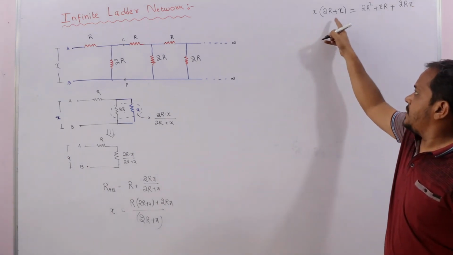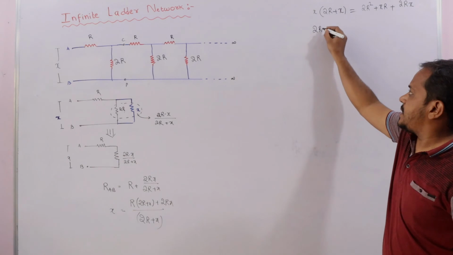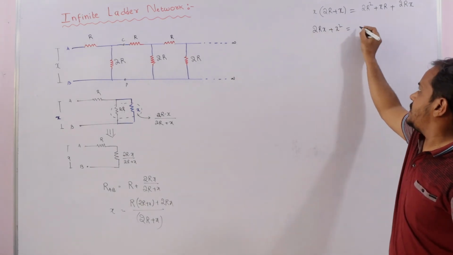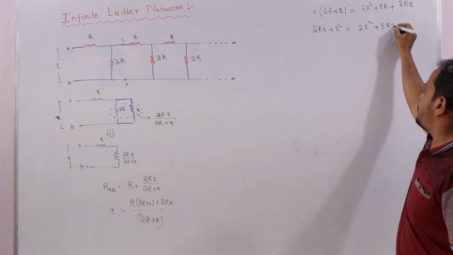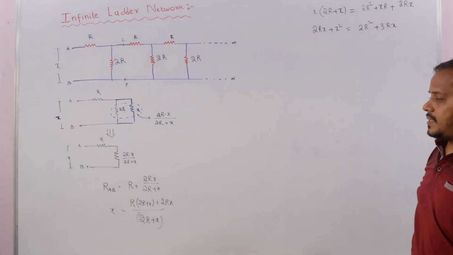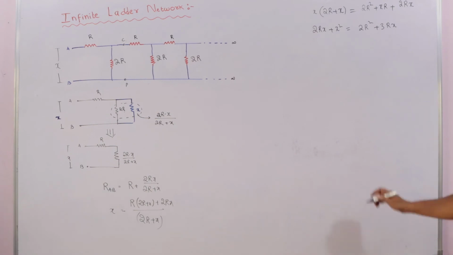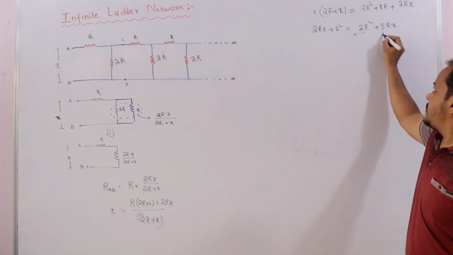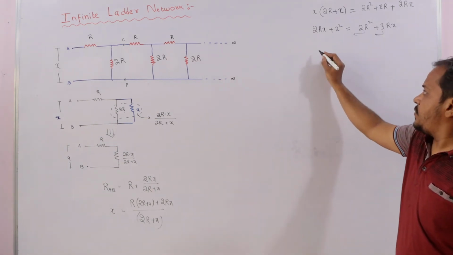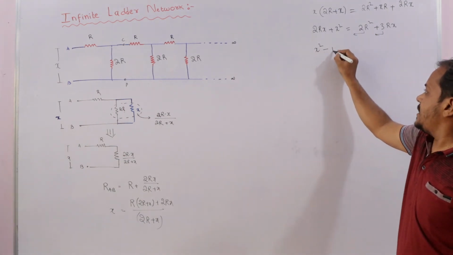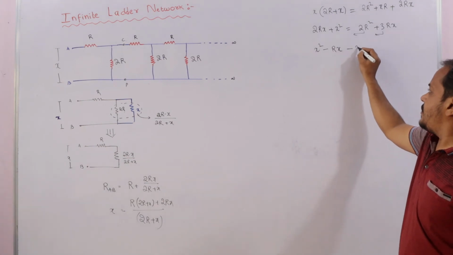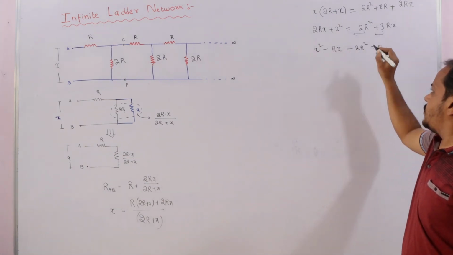Now X is multiplied with these two terms, so 2RX plus X square is equal to 2R square plus 3RX. 2RX plus XR is equal to 3RX. Now these two terms are sent to the LHS, so the final equation becomes X square minus RX minus 2R square is equal to 0.